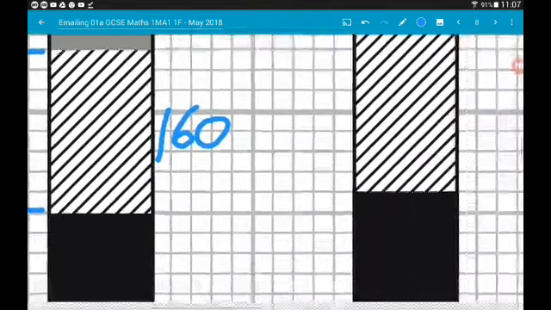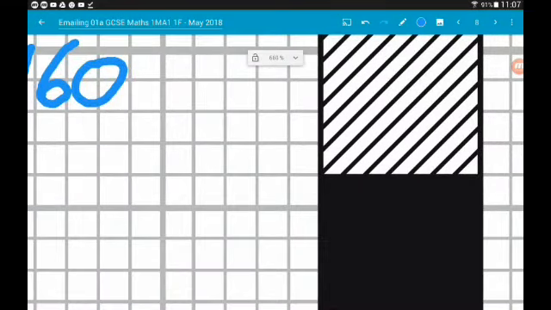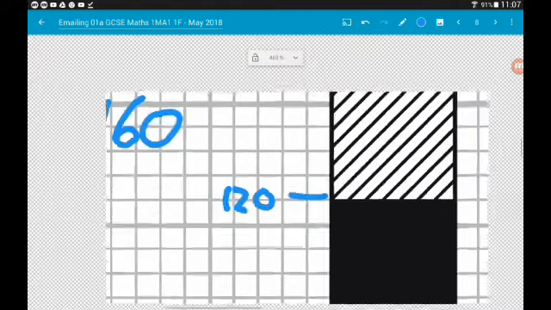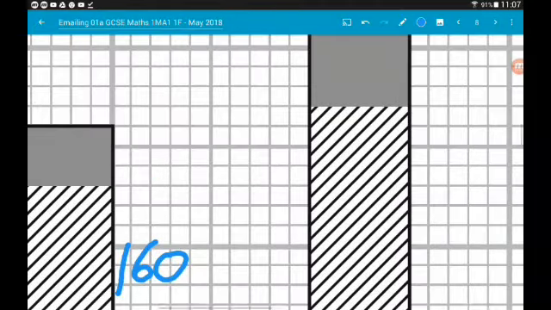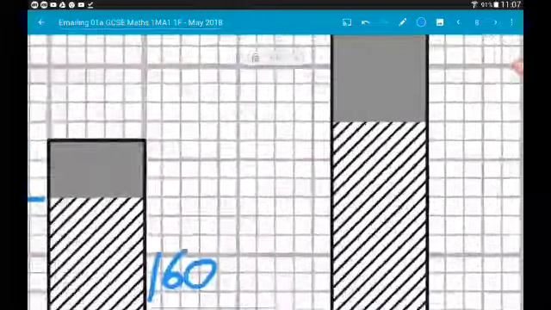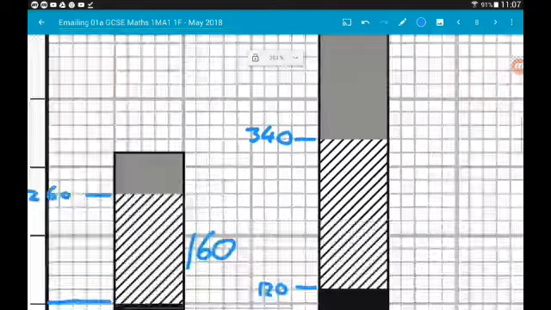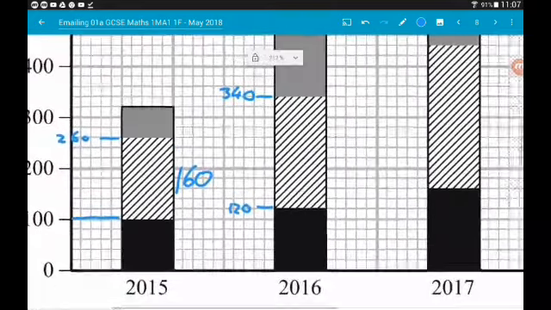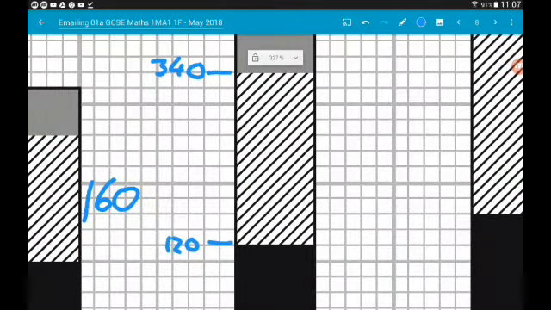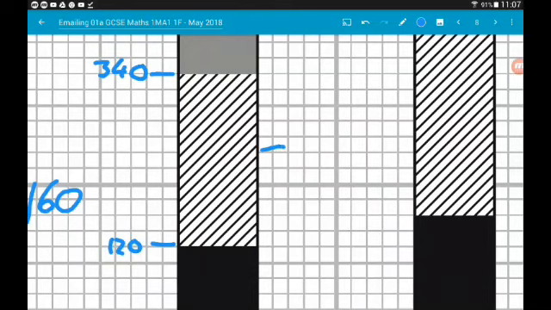In year 2, the bottom of laptops is going to be 120. And then the top is going to be 340. So the number sold in 2016 is 340 minus 120, which is 220.